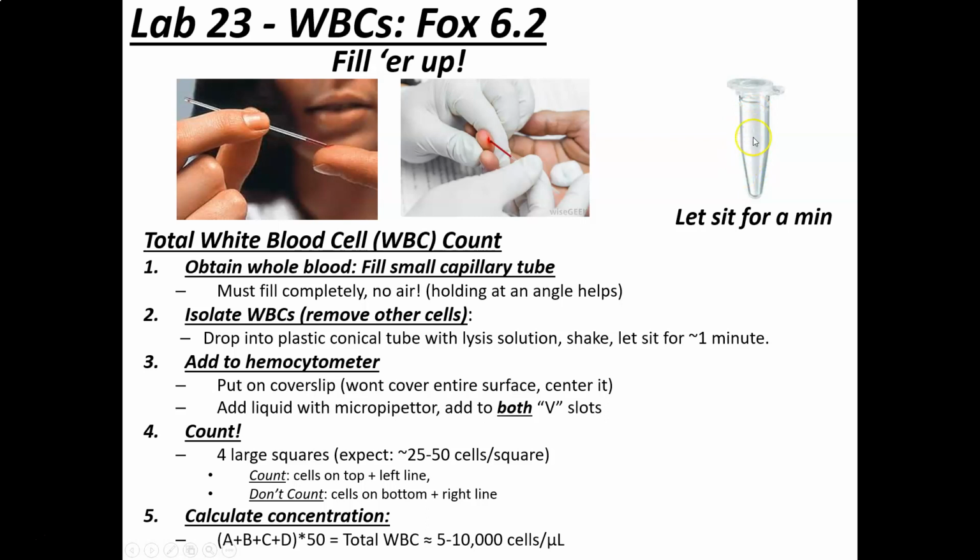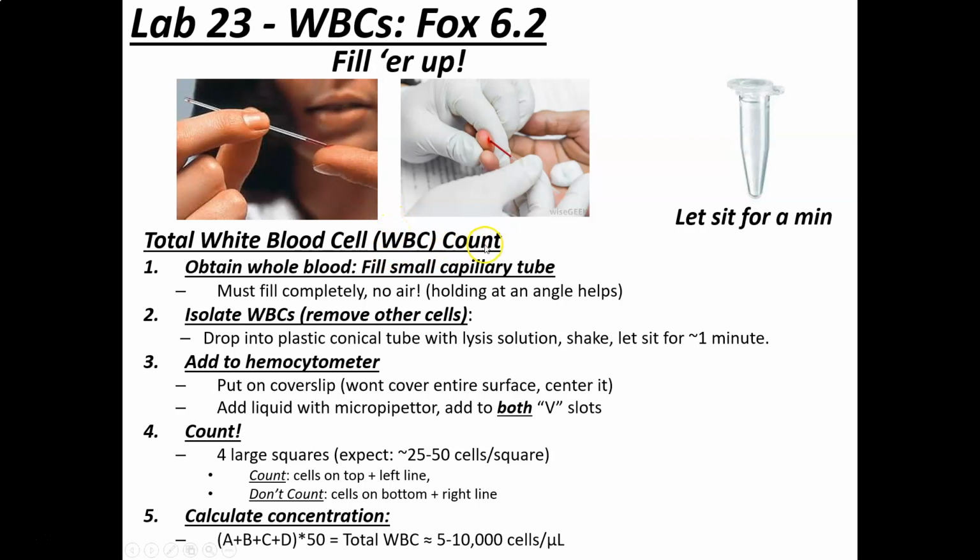So we know there's a difference between the red cells and the white cells. The chemical inside of this one would lyse the red cells. The one we did the other day with Lab 22 lyses the white cells. This one lyses the red cells. So the only cells that will be left will be the white ones. The other difference is, since white cells are fewer, we need a bigger volume to get an accurate count.